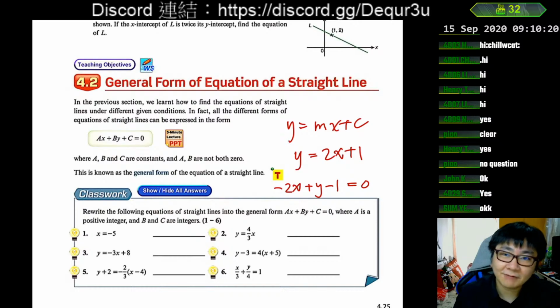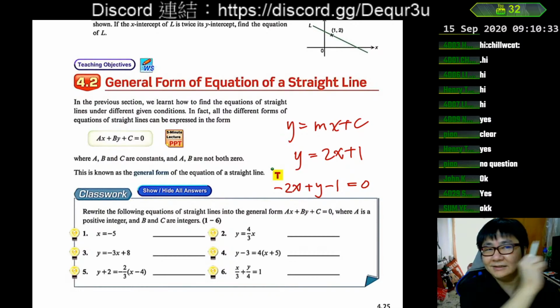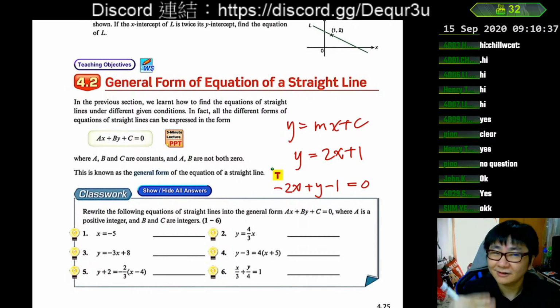Then why do we introduce this? Because very often in the question you will be given the equation in this general form. That means very often the equation is given with every term on one side and the other side 0. Why are questions usually given like this? Because it gives us some convenience.